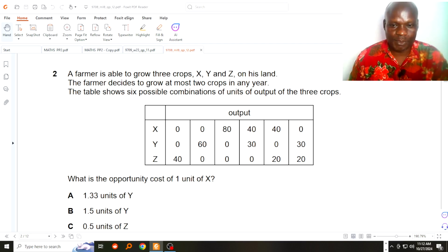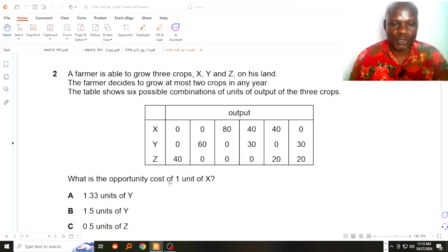And this scenario simply means that he engaged the 2 crops X and Y, and X gave him 30, X gave him 40 in this column. Now this column simply implies that X gave him an output of 40 and Z gave him an output of 20. Here Z gave 40, but because there was no input for Y and X, that was 0, 0.